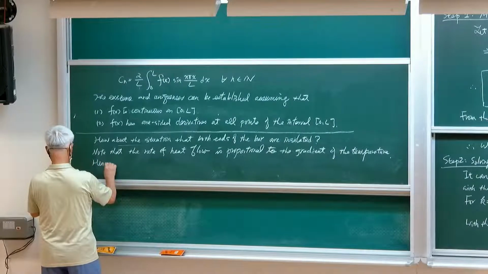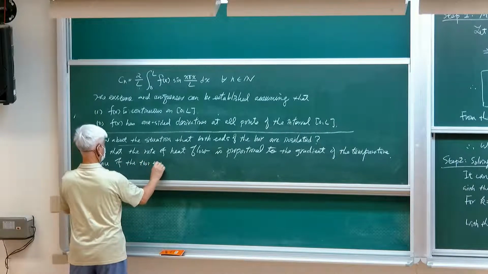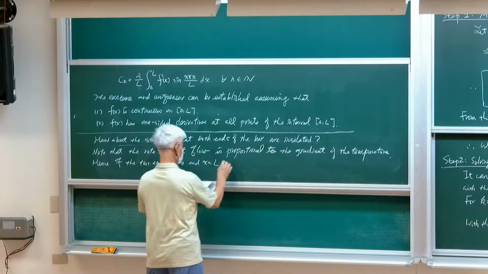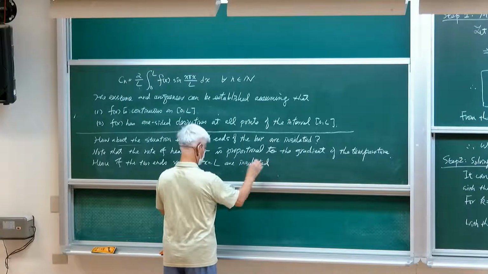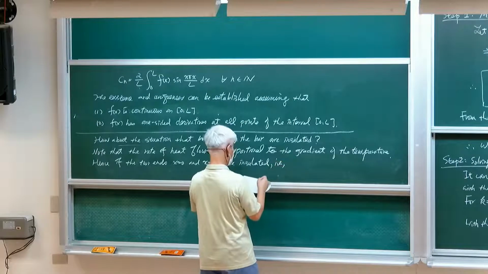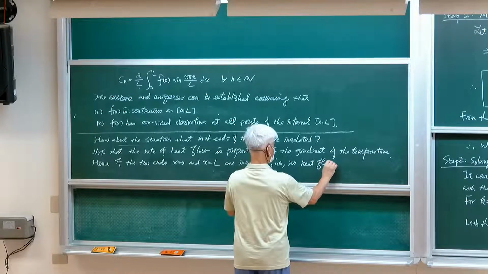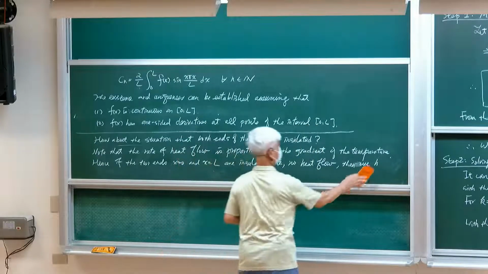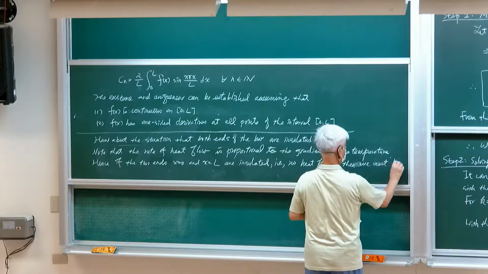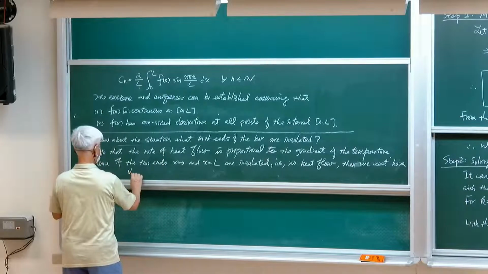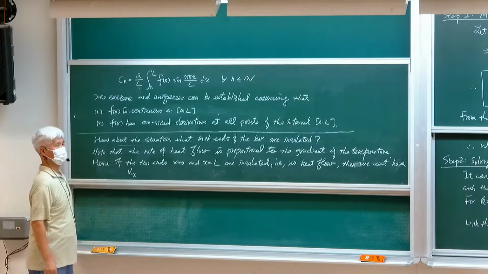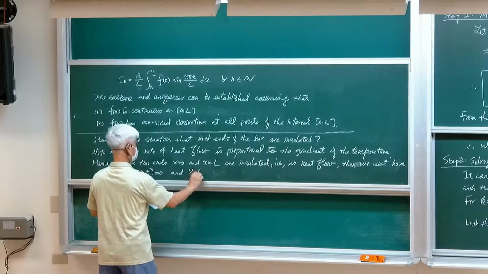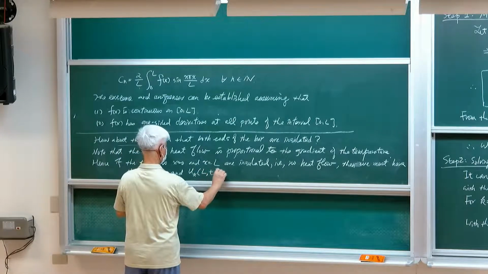Hence, if the two ends, x equals 0 and x equal to L, are insulated, i.e. insulated means no heat flow, then we must have the partial derivative with respect to x at x equals 0 be 0, and the partial derivative at x equal to L also 0.